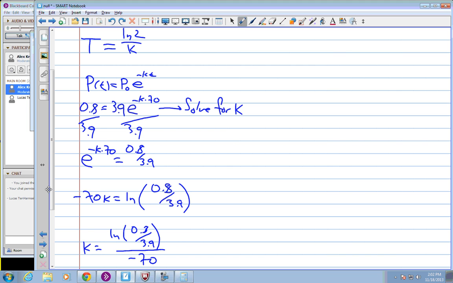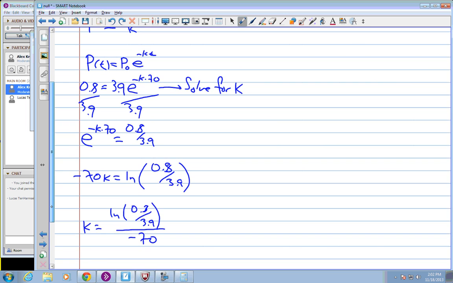Whatever that is, natural log of 2 divided by that will be the half-life.